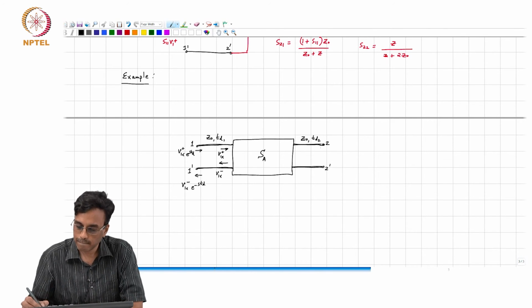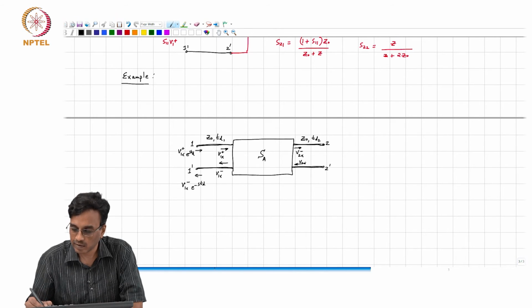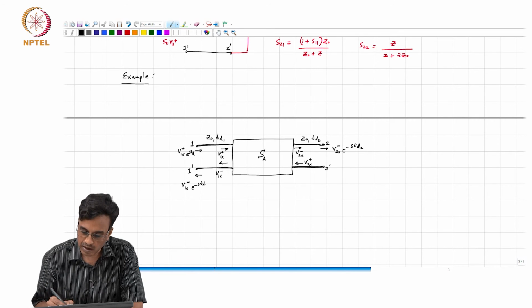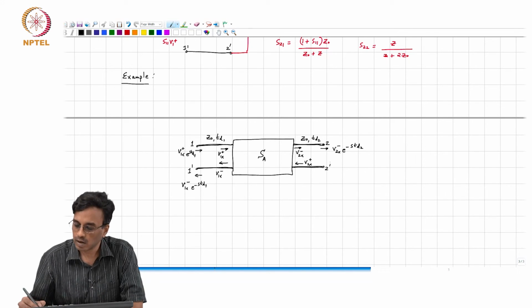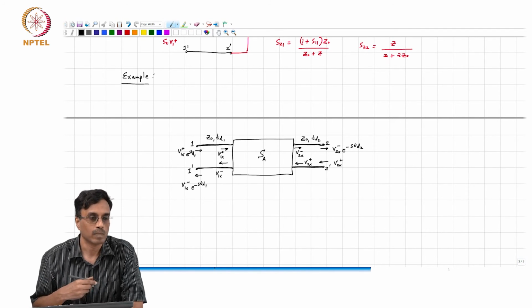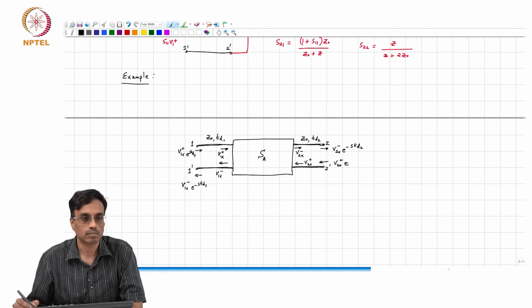Likewise, this is V2x minus, and this is V2x plus, and this will be V2x minus e to the minus s Td2, sorry, here, and this will be V2x plus e to the s Td2.